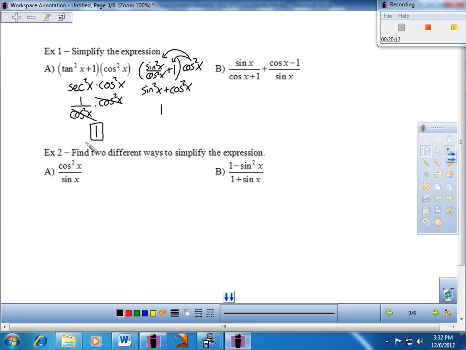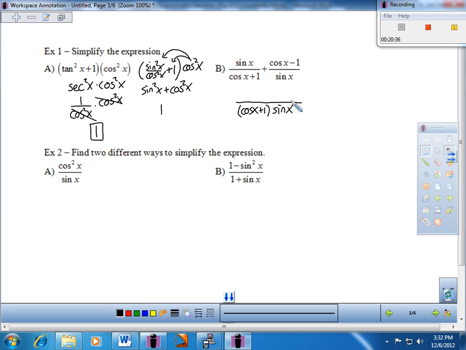All right. Now, everybody, letter B. This seems like it's just begging to be combined. I would take those two fractions and combine them together. Let's see how you can do or how you've done already. I'm hoping you would realize that the LCD here is just those two multiplied together: cosine of x plus 1 times sine of x.